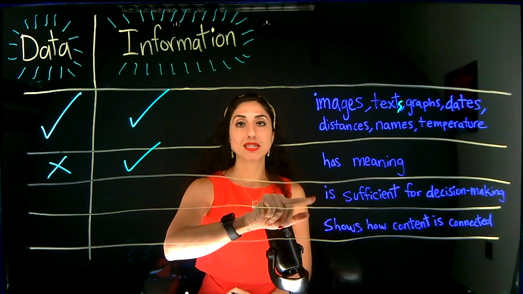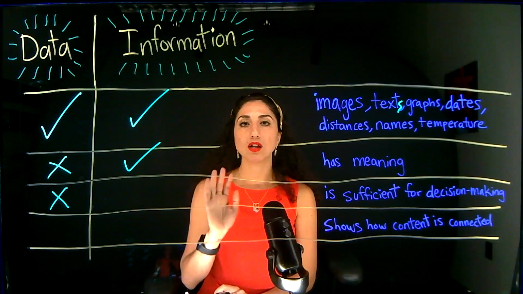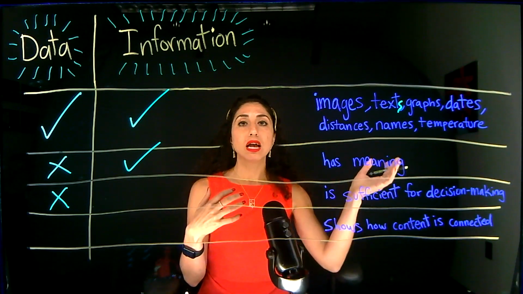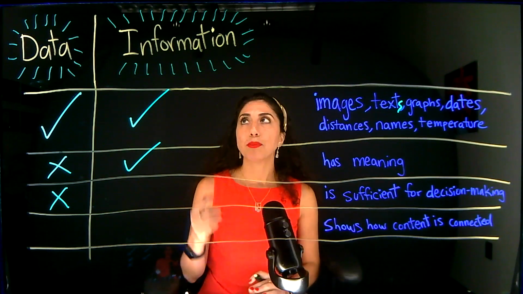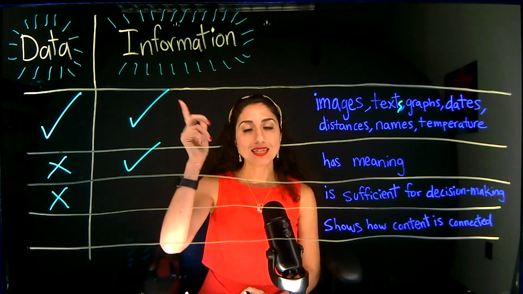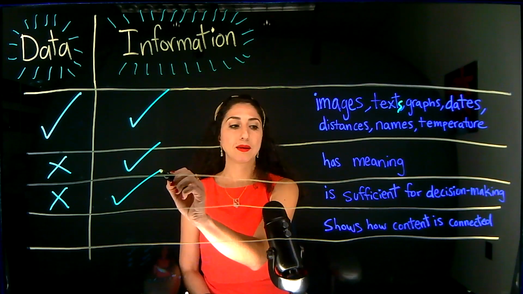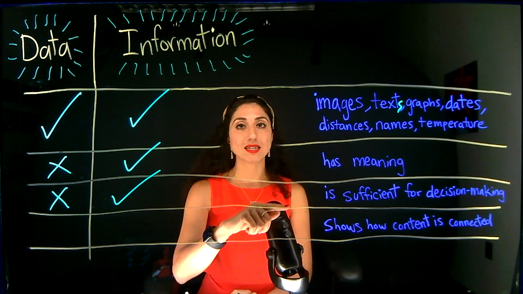Is sufficient for decision making. Data on its own is not enough to make any kinds of decisions. It's just collecting facts, some of which might be irrelevant, but information does have what it takes, is sufficient for decision making.